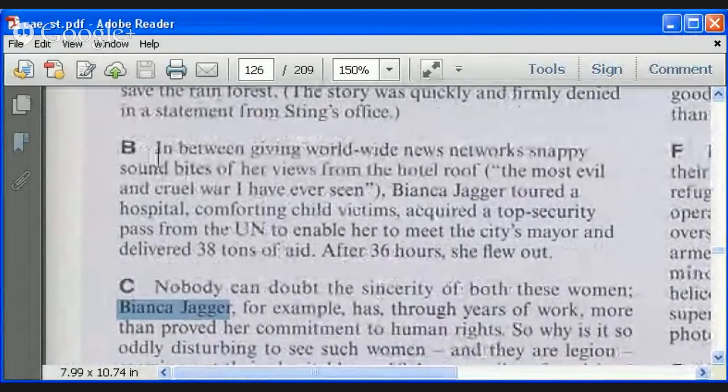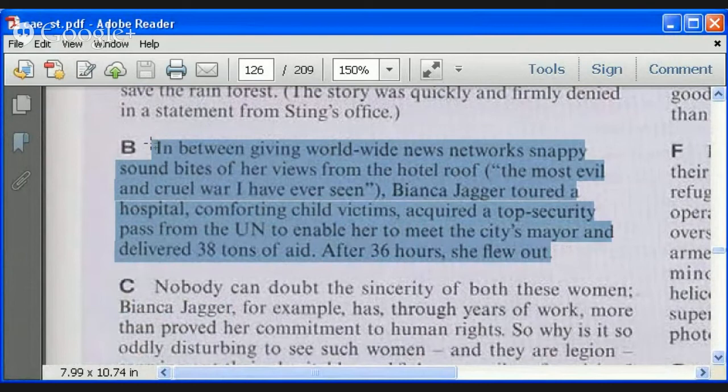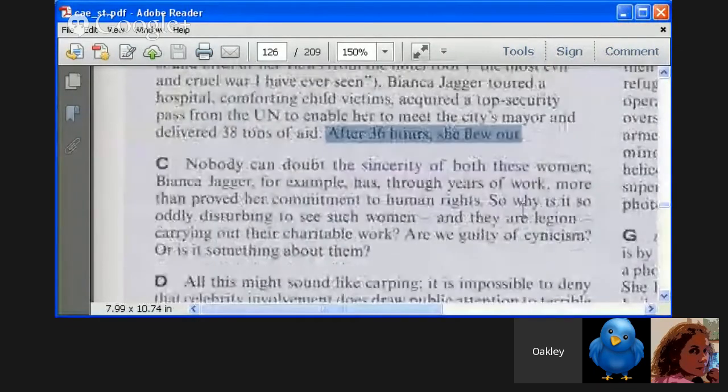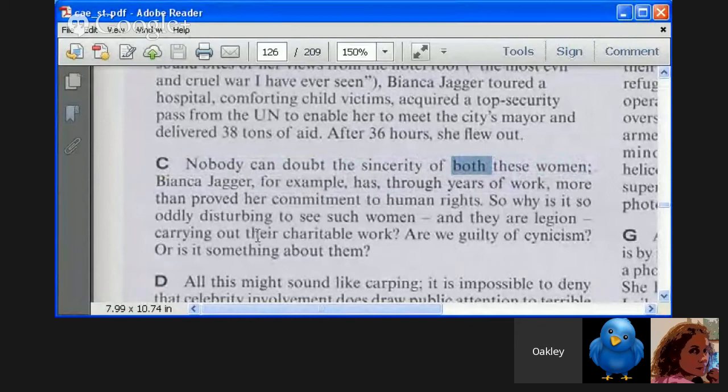Okay. Here we have a continuing story of Bianca, in between giving Worldwide News Network snappy sound bites. After 36 hours, she flew out. Okay, in C, nobody can doubt the sincerity of both these women. There is your key. Both these women is not just Bianca.